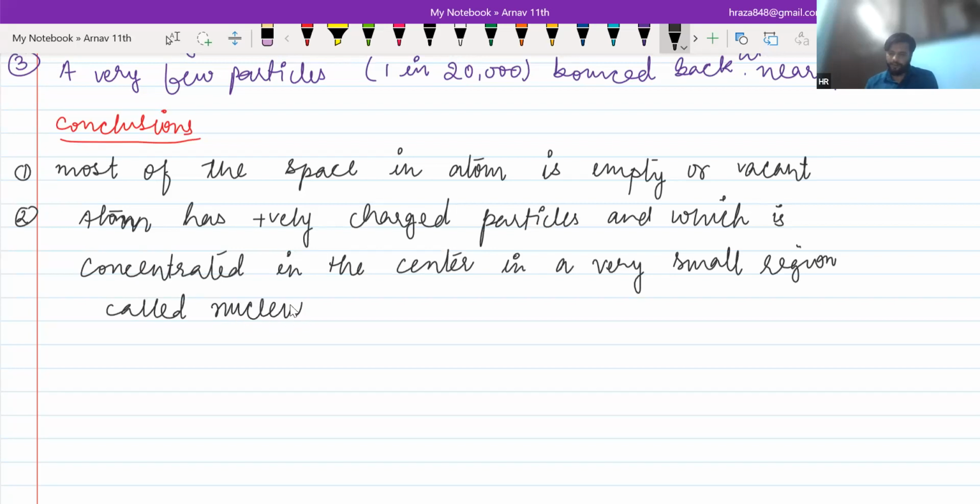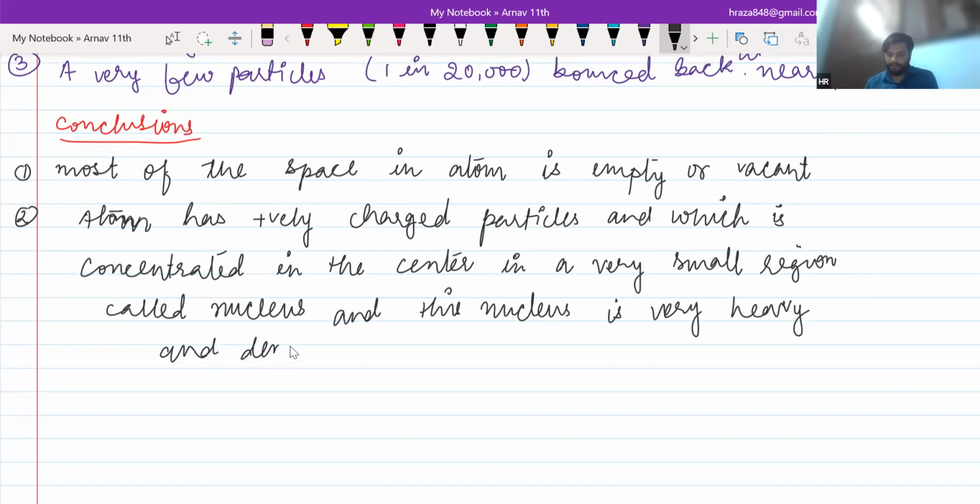We call it nucleus. And this nucleus is very heavy and dense. So this was the second observation. Please write it.